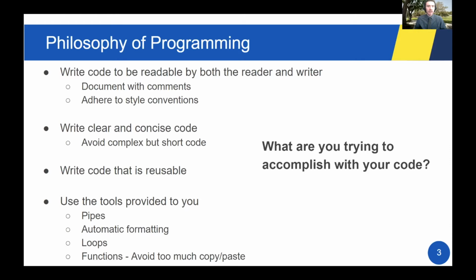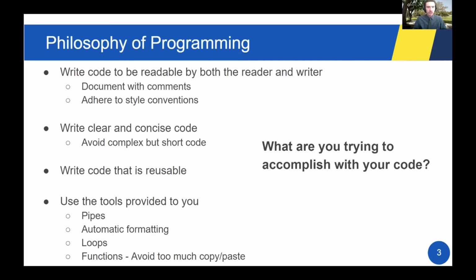Next, you want to write clear and concise code, but also try to avoid overly complex and short code. You want your code to be understood, and you don't want it to be too overly short or too overly long. You don't want to have 10 lines of code when it could be accomplished in one.